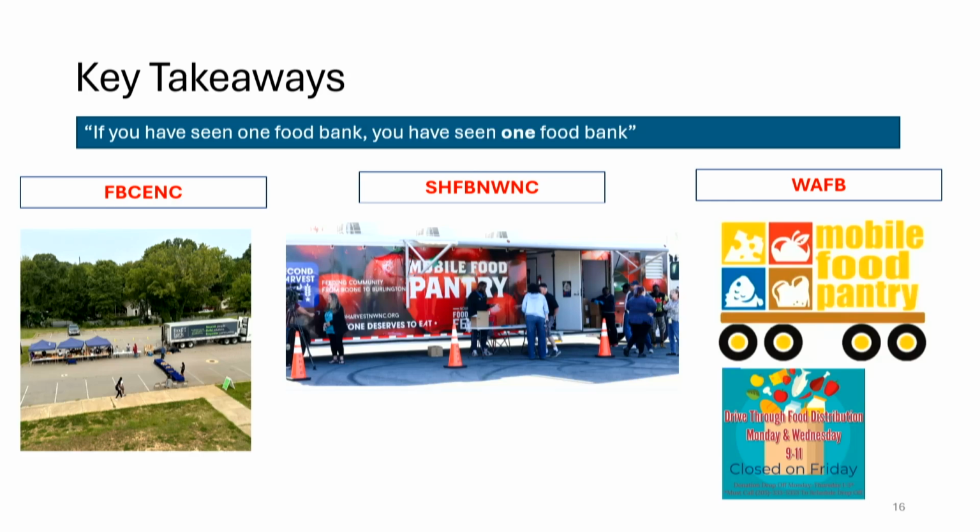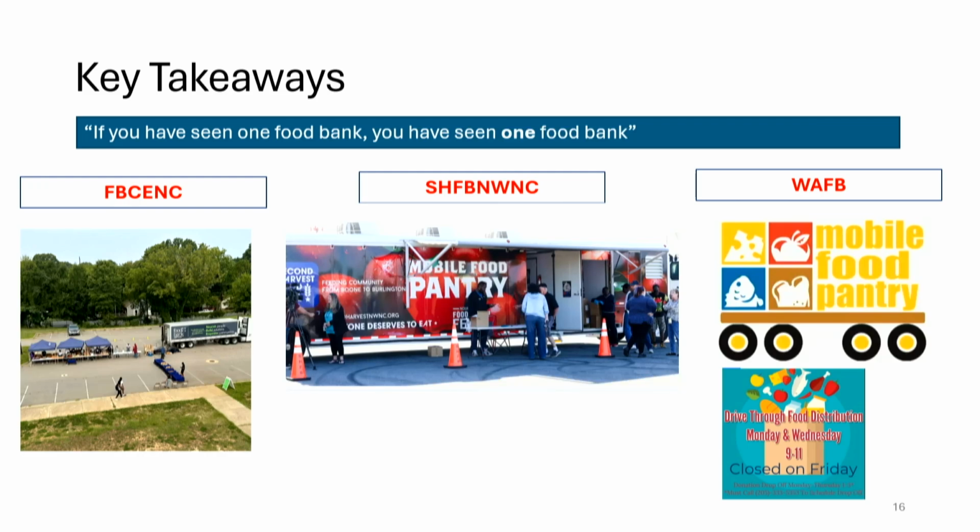Then if we look at West Alabama Food Bank, they have several different options to deal with the fact that they have a largely rural network, and people do not have a way to easily access the brick and mortar agencies in their network. They have a smaller, what they call a mini mobile food pantry, where they go out and deliver food directly to seniors. They also have a larger scale mobile pantry, and then they do something similar to community distributions, which is direct distribution, but the difference is that they drive into multiple communities.